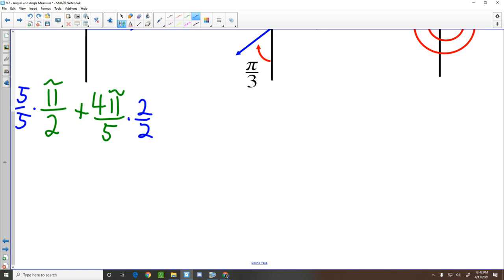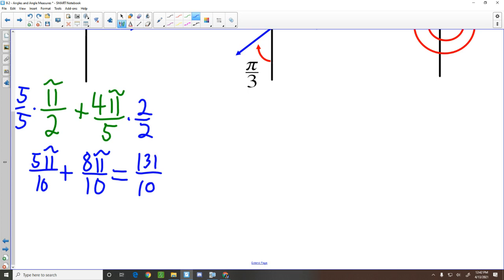Rewrite these fractions with the same denominator, and we have 5 pi over 10 plus 8 pi over 10. Now that they have a common denominator, the sum is going to be over 10, and I just add the numerators together. 5 pi plus 8 pi gives me a total of 13 pi over 10.